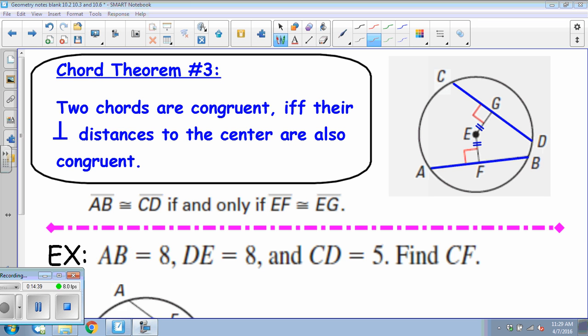Everybody would get different measurements. So when we measure distance in geometry, we're talking about the perpendicular distance, because that specifies how to measure it, so that it's a uniform measurement.